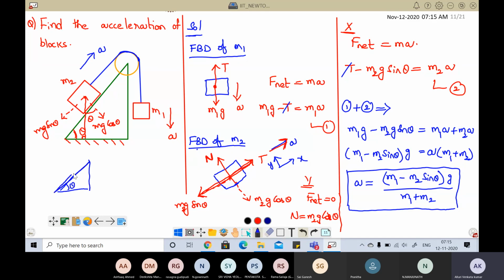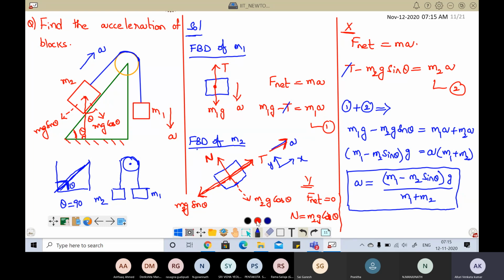If you make this surface vertical, with this block M2, this block M1, and this the pulley, theta will become 90. Substituting theta equal to 90, sin 90 is 1, so again you get difference in masses by sum of masses. The same expression. You just have to know how to draw the free body diagram and then calculate the acceleration.